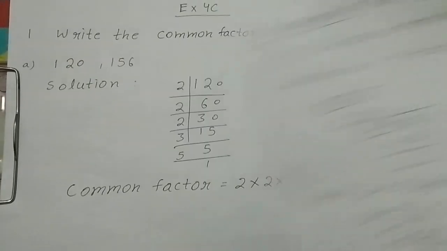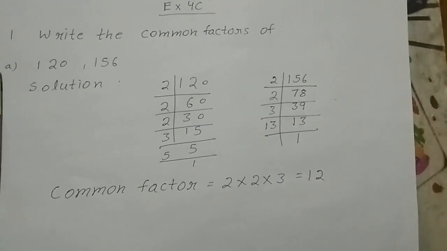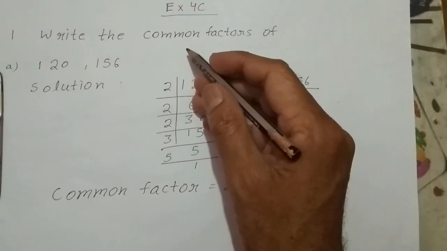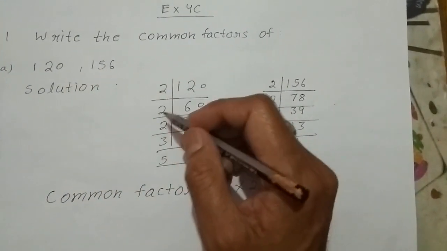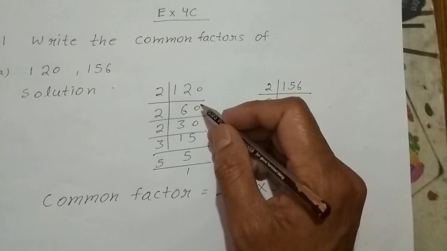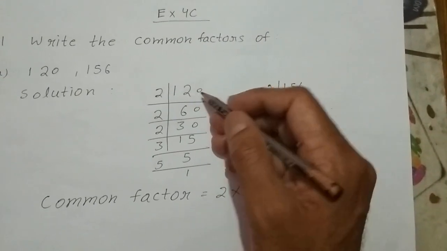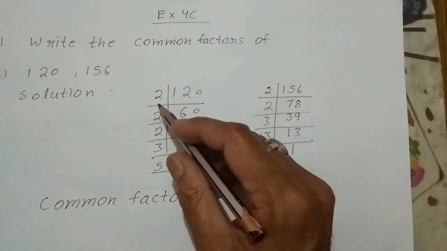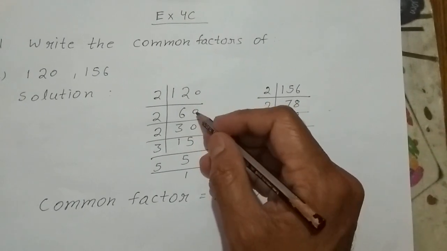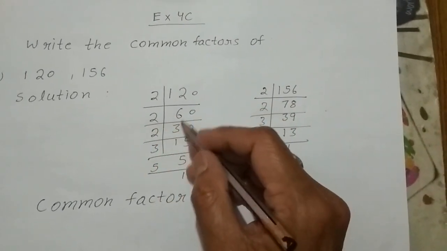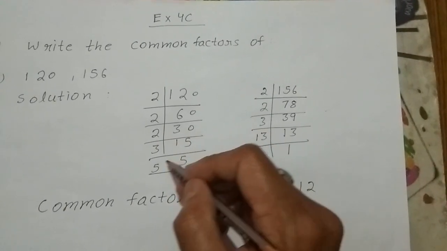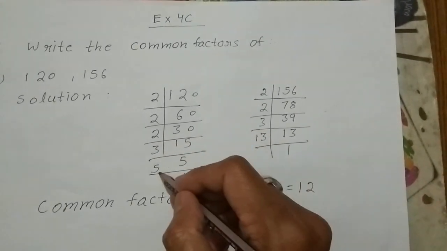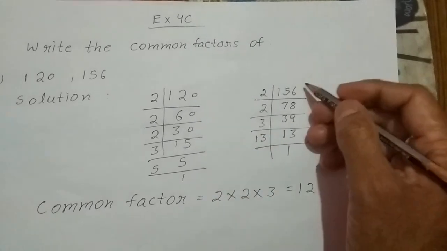Let's see the types of questions in Exercise 4C. Write the common factors of 120 and 156. Solution: 120 divided by 2 is 60, then 30, then 15, then 5 divided by 5 is 1.